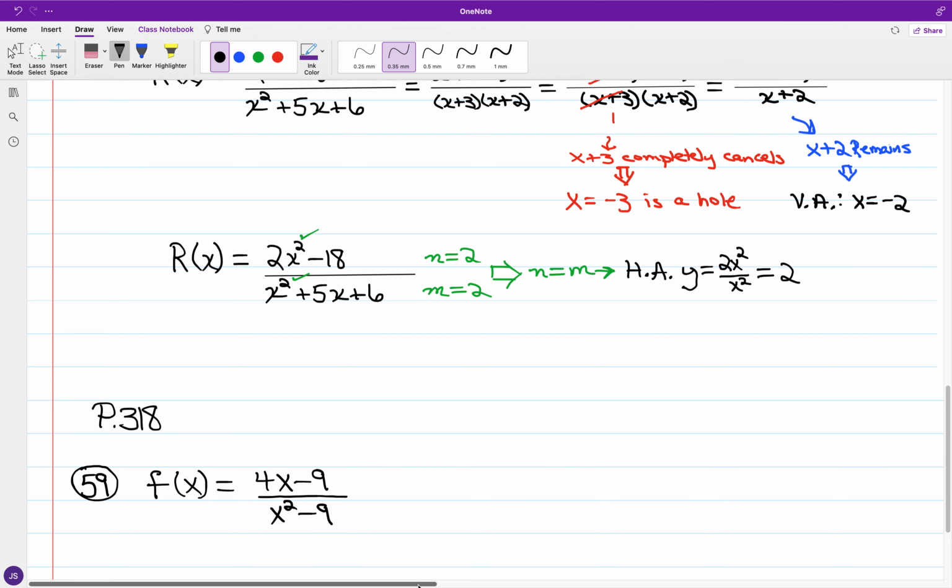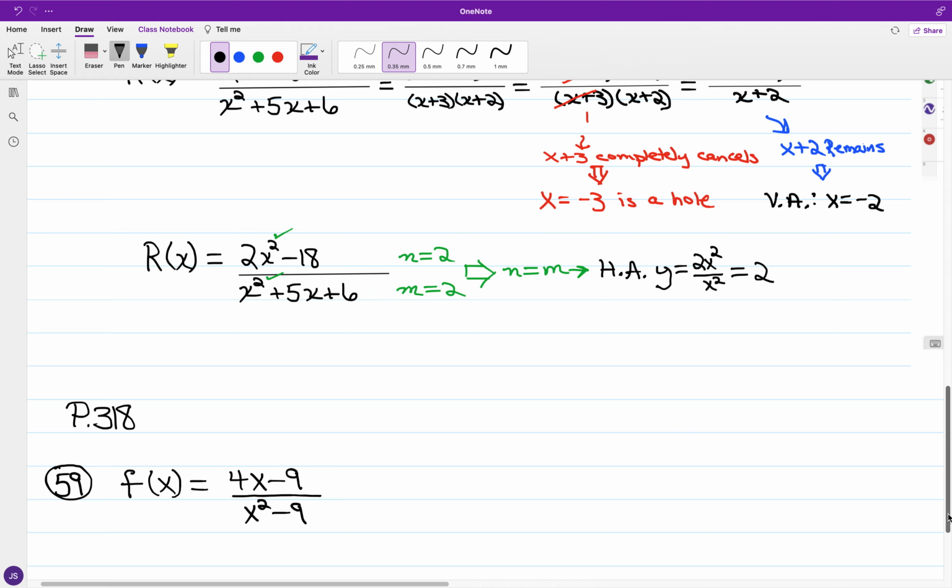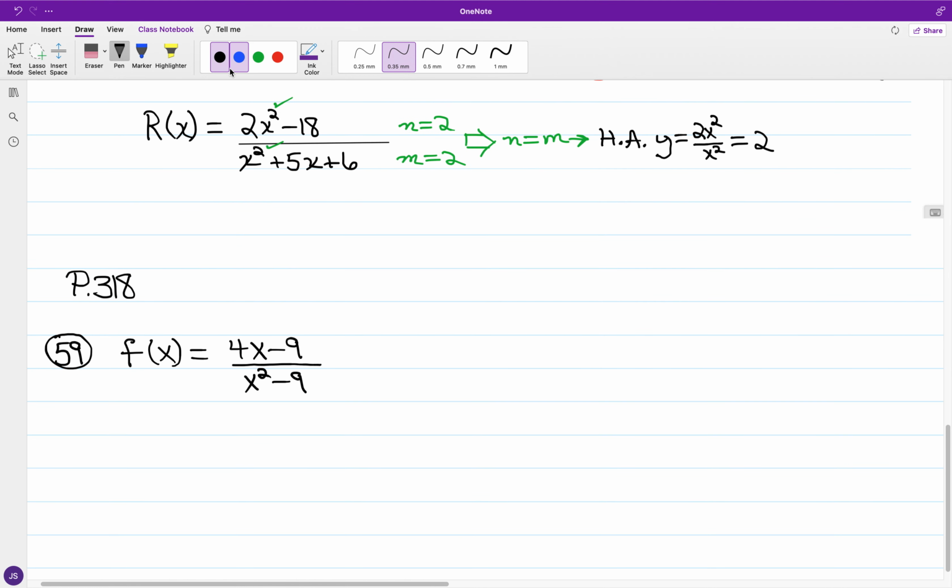all over x squared minus 9. If we look for the domain and the asymptotes, again we have the restriction that x squared minus 9 cannot be 0.